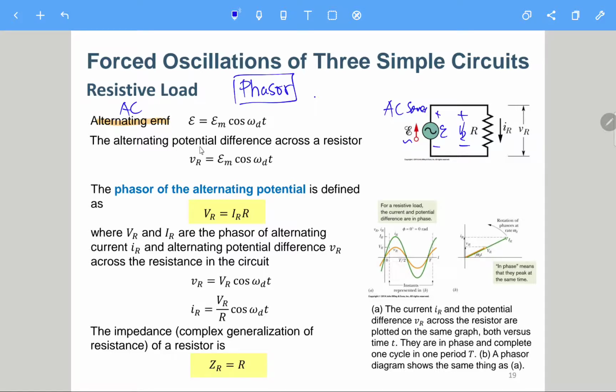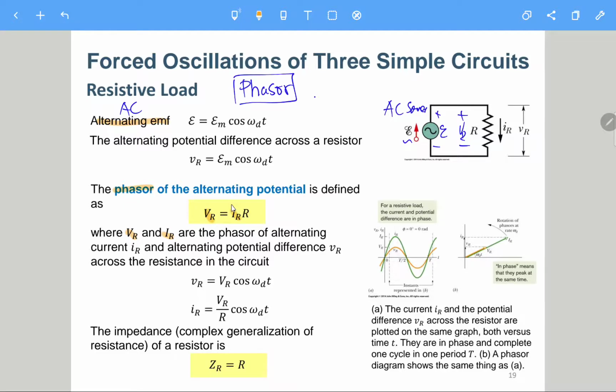And so the phasor. Here we define the term phasor of the alternating potential as V_R. V_R and I_R are also phasors, but V_R is the phasor of the voltage, of the potential difference. So V_R is actually a sinusoidal function, but we only try to use a complex number to represent this one.